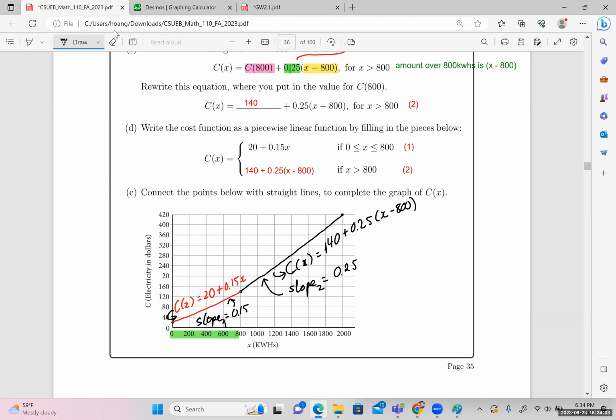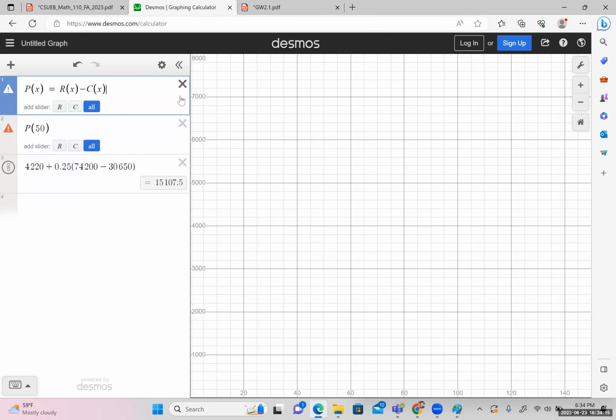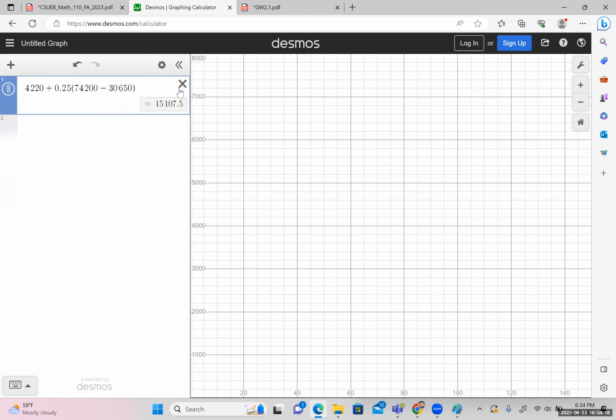So let's see how you can graph this on Desmos. Let me teach you. Okay, this is an important one, and you need to show the boss. You must start with the cost function as C of x, and you make it equal to 20 plus 0.15x with the requirements, using the curly bracket, okay?